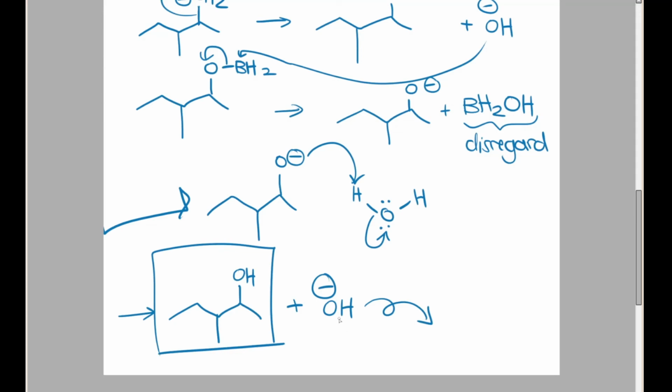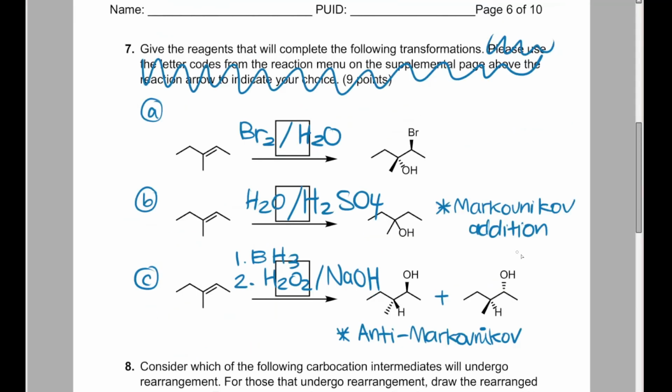And just as another note, this is negative, and remember that Na plus exists in the solution, so it's going to bond to that and become NaOH. But that's how you'll get a product that looks like this.